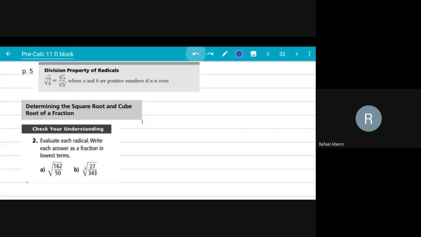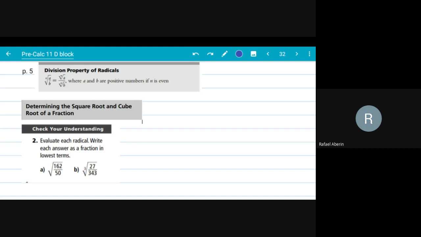Or if you are trying to find the root of a numerator divided by the root of the denominator, you can turn it into just one radical, provided that the numerator and the denominator have the same index numbers, meaning the roots that you're getting are the same.